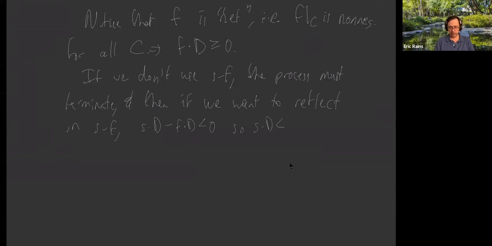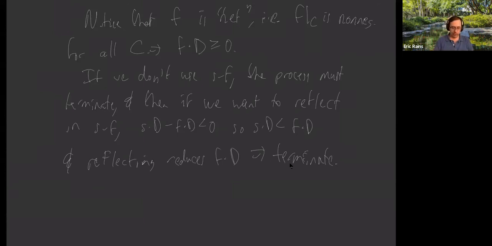So s dot D is less than f dot D, and reflecting reduces f dot D. And thus we're going to terminate either by trying to reflect in D itself and saying, yeah, okay, D has now become a simple root of our blowdown structure, or because we've made the intersection with f so small, we've made the intersection with f negative because we've reduced it too many times.